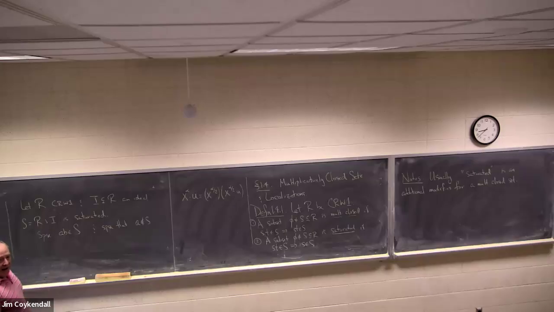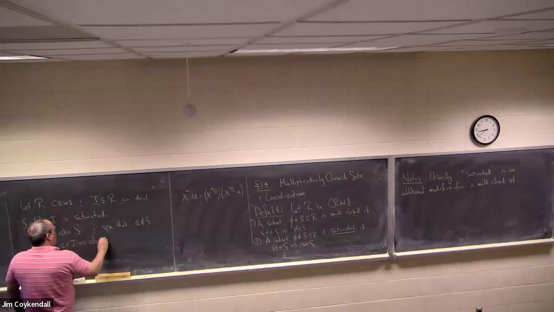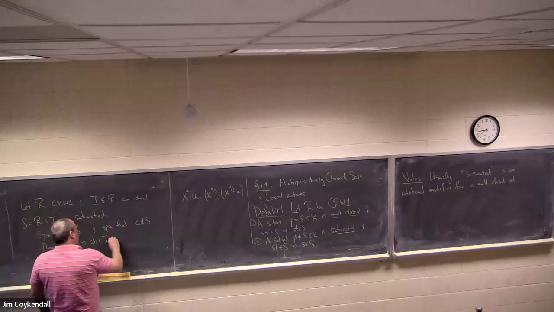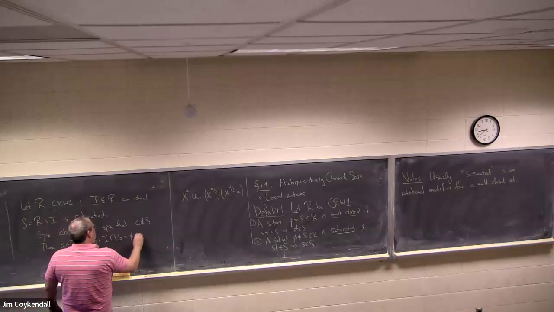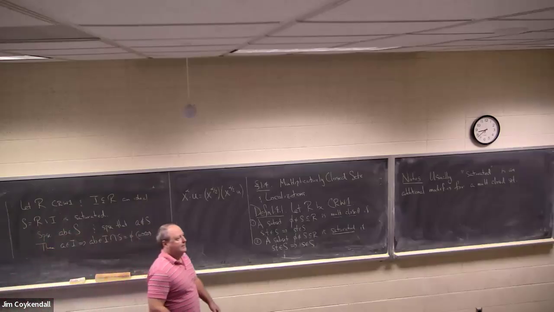It means that a does live in I, which implies ab is in I, because I is an ideal, and this is the contradiction, because we assumed that ab is not in I. So the complement of an ideal is always a saturated set.